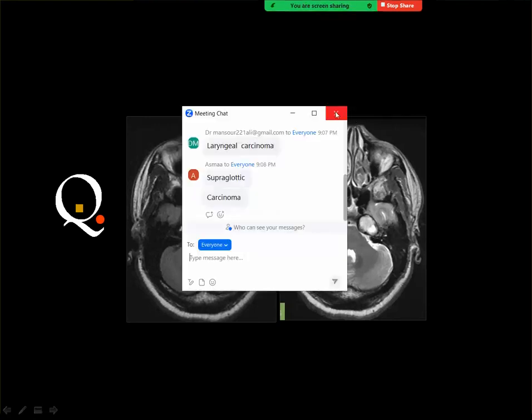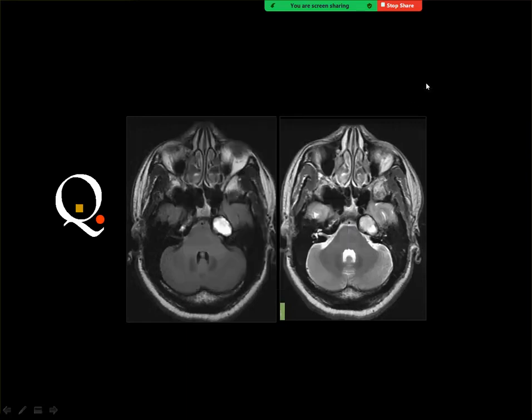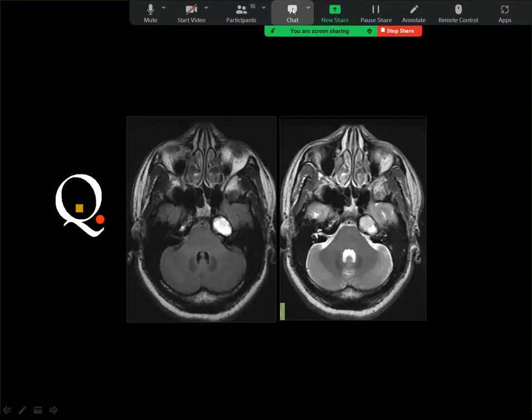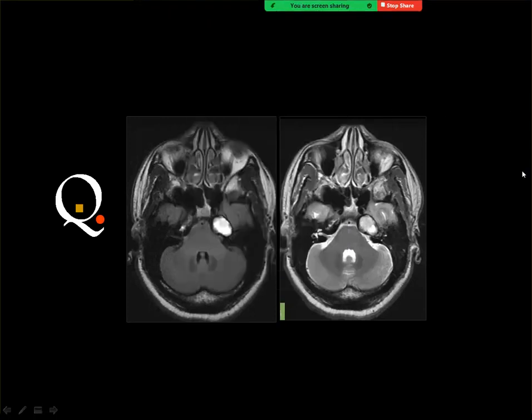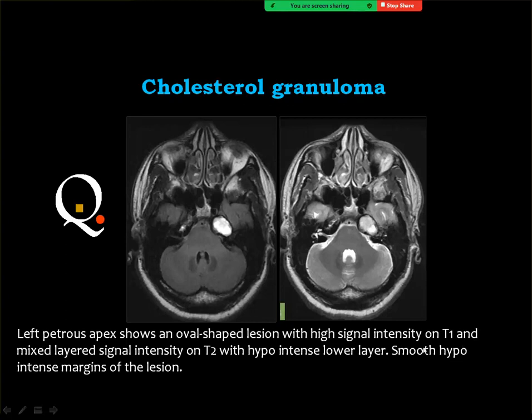Supraglottic cancer of the previous case, this is the right answer. Then what about this case? Yes, this is cholesterol granuloma or cholesterol cyst, which is the typical location and typical signal.